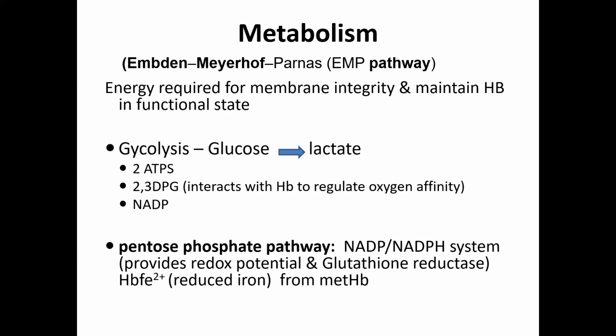So we have glycolysis, where the glucose is broken down to lactate through this pathway, and that produces 2 ATP molecules. And as we said, ATP is the energy that the cell will use.